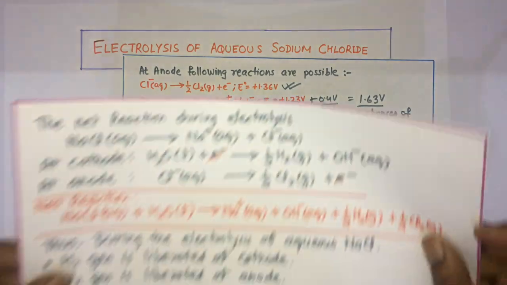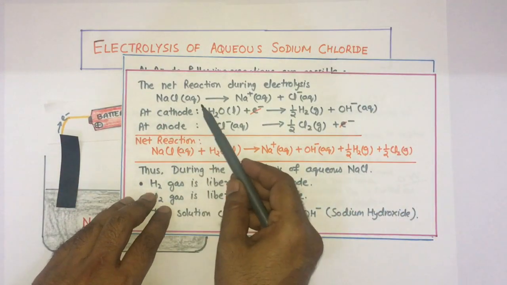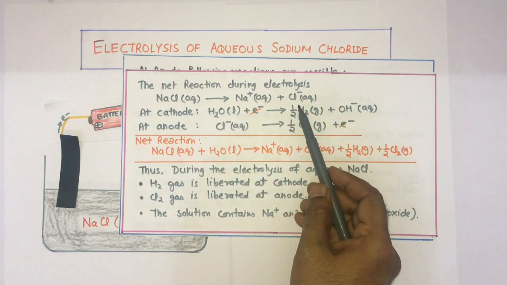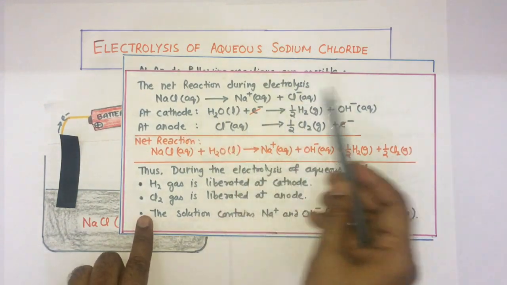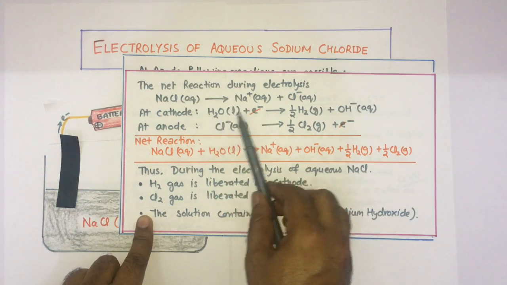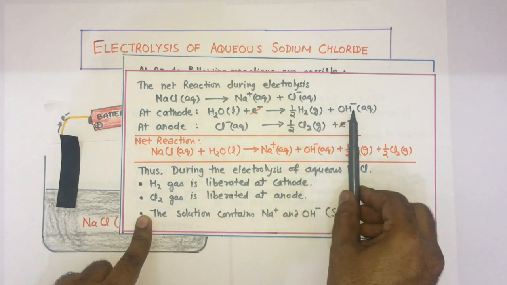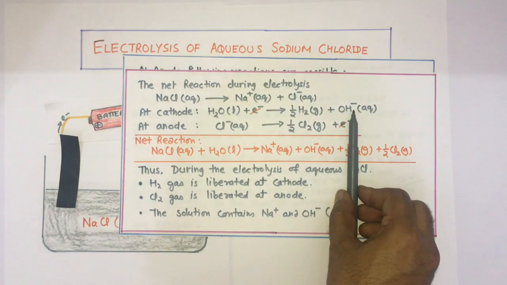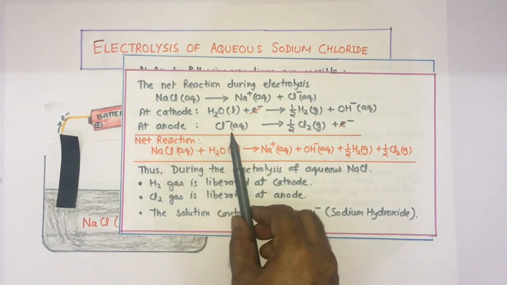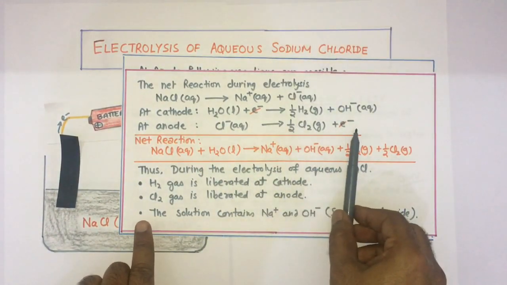So here is the net reaction during electrolysis: first sodium chloride dissociates as Na positive and Cl negative. Now at the cathode, water plus electron gives you hydrogen gas plus OH negative, and at the anode, Cl negative gives chlorine gas plus electron.